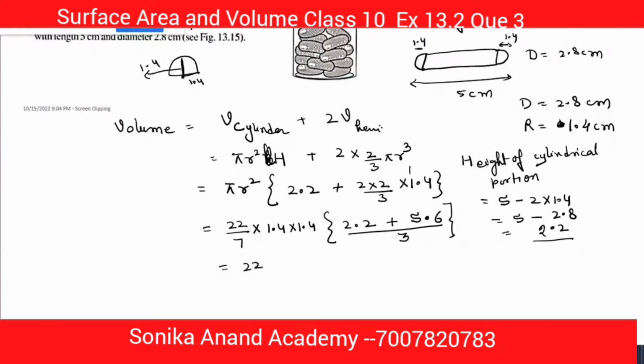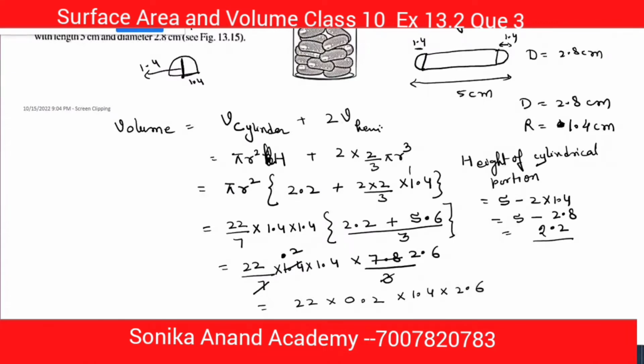So 22 by 7, solve it. 7 twos are 14. 3 twos are 6 1 7. 3 6s are 18. So we get 22 into 0.2 into 1.4 into 2.6. Multiply and tell me what is the answer.